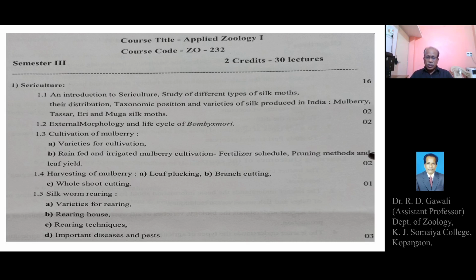So in semester 3 of the SYBSC, we are going to study 2 theory courses and 1 practical course, having the weightage of 50 marks, and there will be 15 marks internal exam or internal assessment, and the external exam or the term end exam will have weightage of 35 marks.